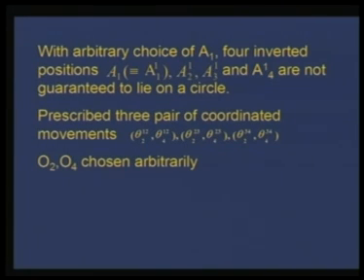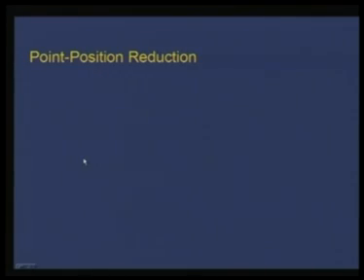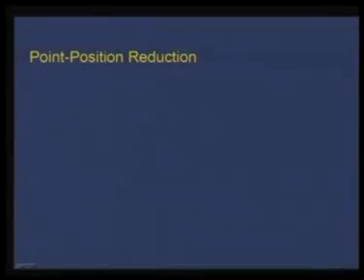So we choose O2 and O4 arbitrarily, because those are the fixed pivots. We choose them at a convenient location on the frame or the fixed link. The method that we are going to adopt is known as point position reduction, such that the 4 inverted positions of A1 become only 3 distinct locations, not 4 distinct locations.